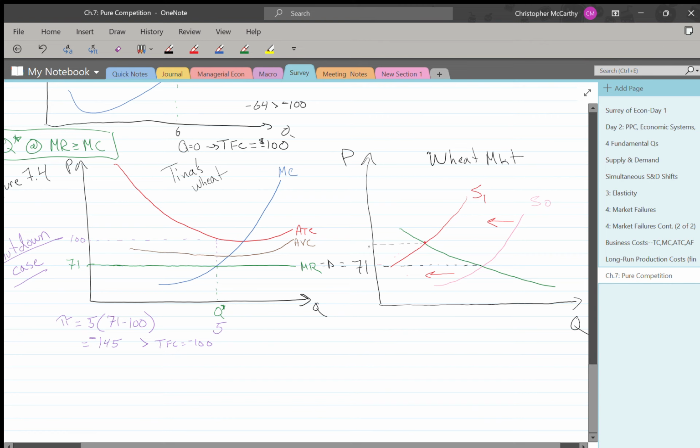Essentially, firms are going to exit the industry and there's going to be movement of the price. So there'll be a movement along the demand curve until we get to some price which corresponds to the bottom of the average total cost curve. And this is essentially where pure competitors end up.